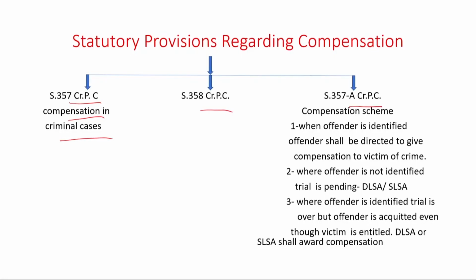The second situation is where the offender is not identified or traced, not arrested, where the offender has absconded from the scene of crime.